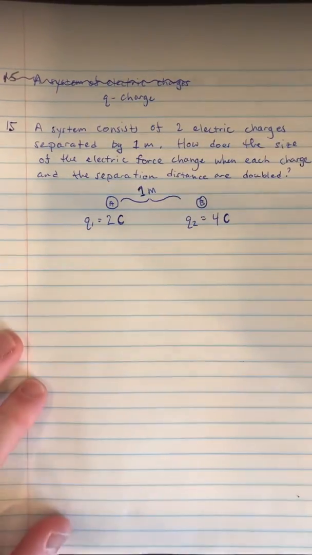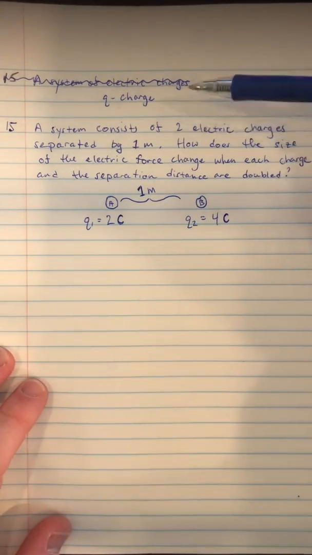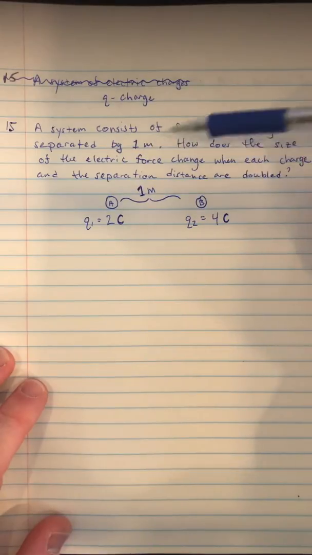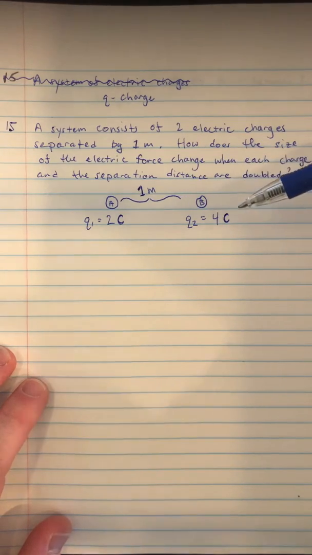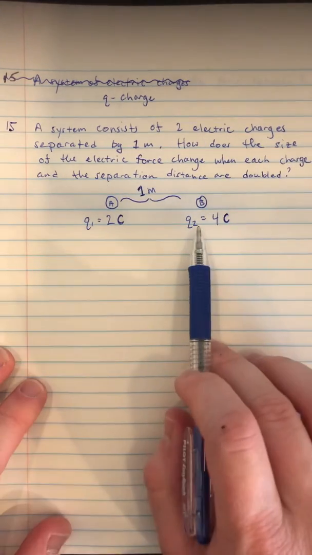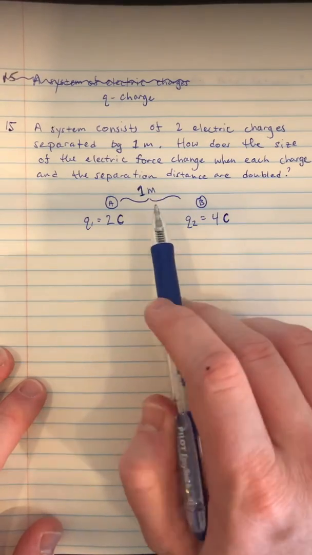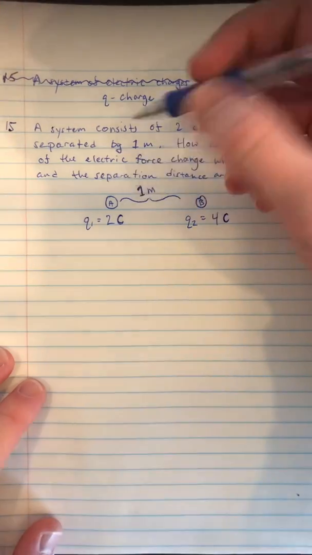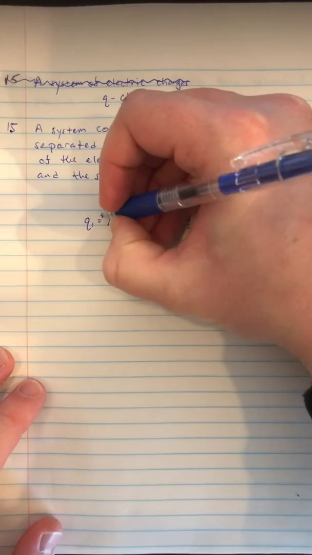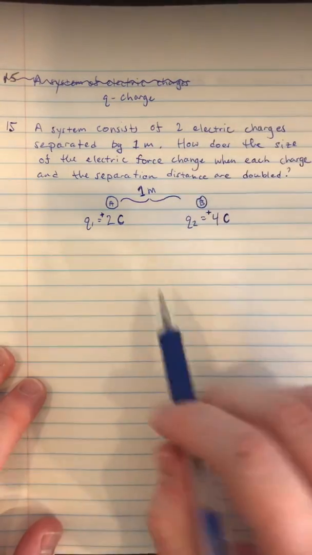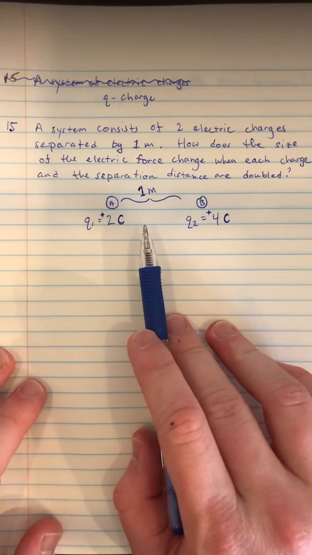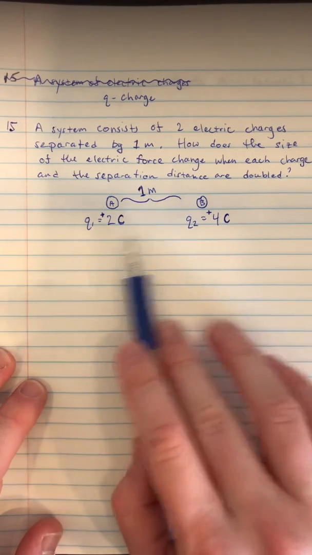So what the problem's saying is, if we double, where does it say? When each charge and the separation distance is doubled. So we want to double both the charges and the separation distance and compare the forces. So we know if these are both positive, they would exert a force on each other, and it would be repulsive because like charges repel.